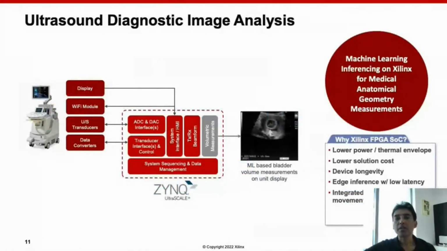Now, this is an application example of implementing machine learning in ultrasound applications. Here's a use case for one of our first medical customers in the US to go to production with a machine learning inferencing engine using the hardware on a Zynq platform, moving to a Zynq UltraScale+ MPSoC in the next generation.